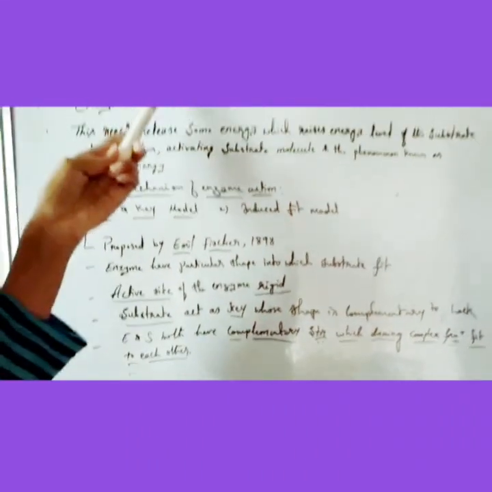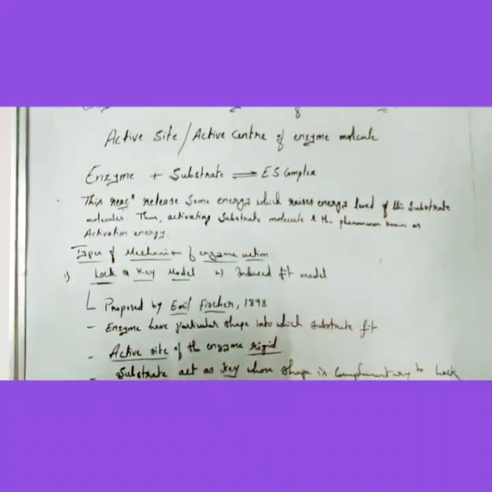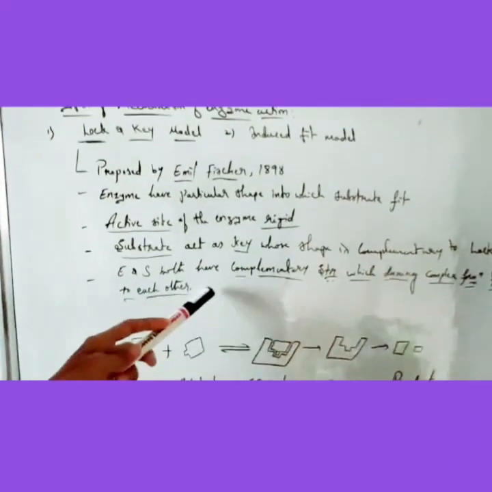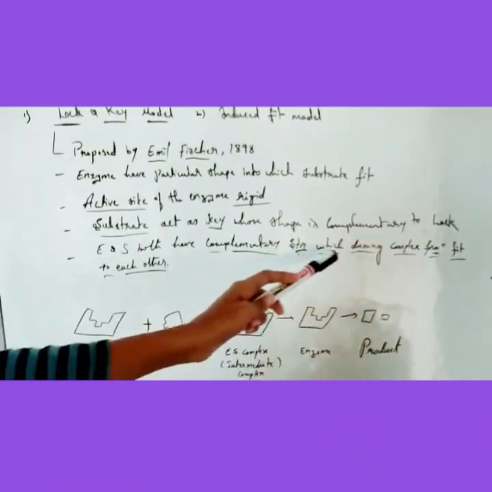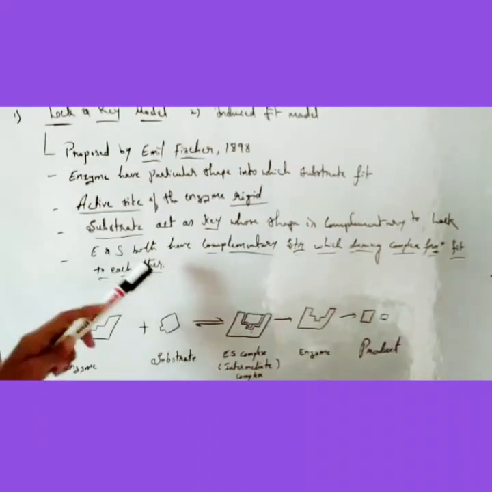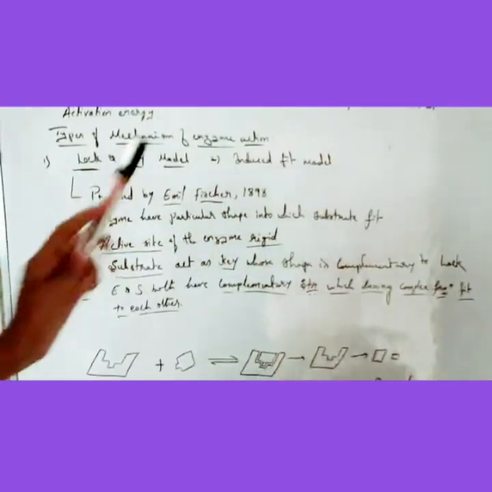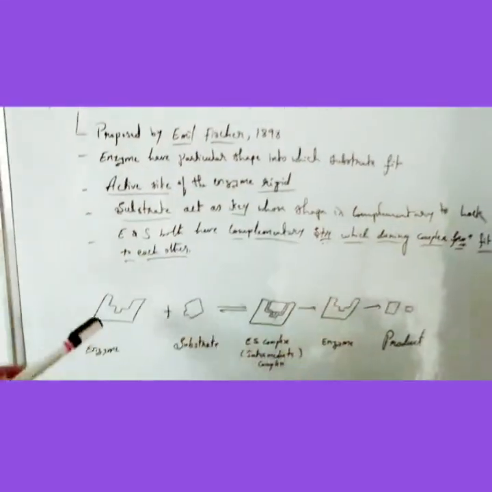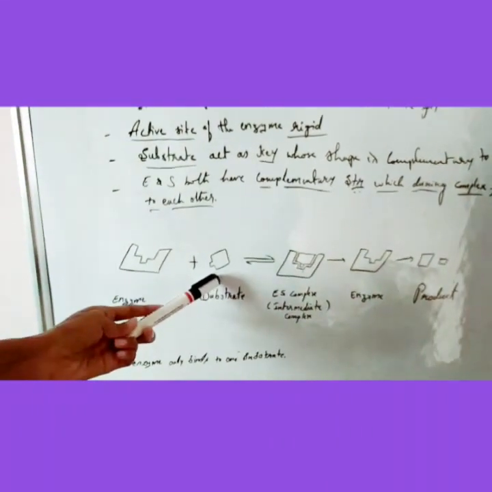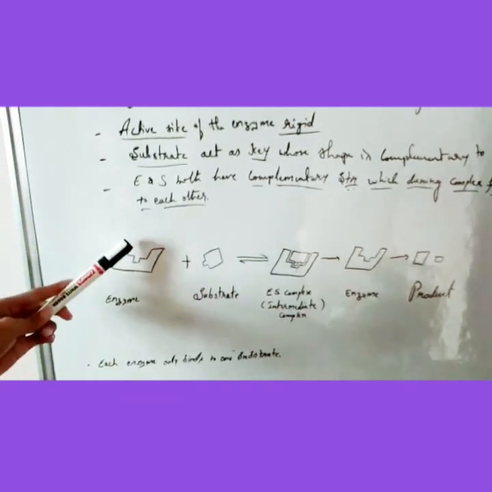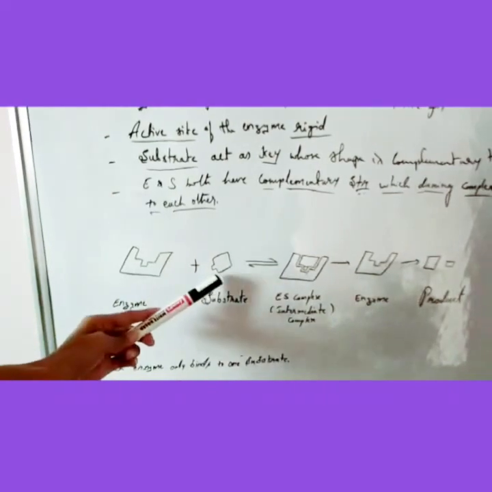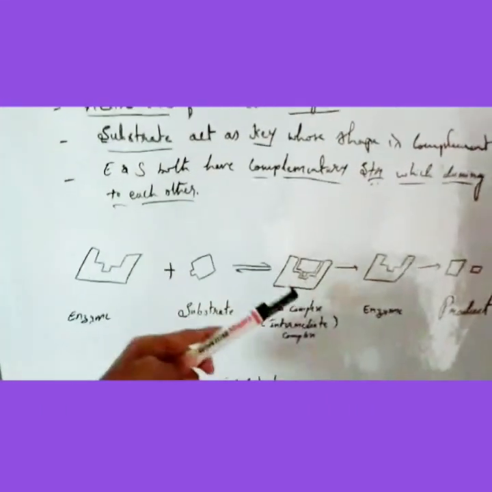The enzyme and substrate both have complementary structures which fit to each other like lock and key during complex formation. In this enzyme, this is the active site where the substrate can bind.